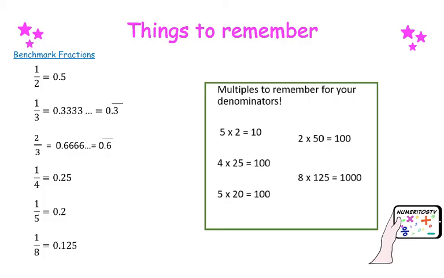Another thing that is going to be helpful, if you remember, are those denominators that can easily be changed to either 10, 100, or 1,000. We have denominator 5, denominator 25, or denominator 4, denominator 20, or denominator 50, denominator 8. So again, take a screenshot and save this in your computer. This will be very helpful.